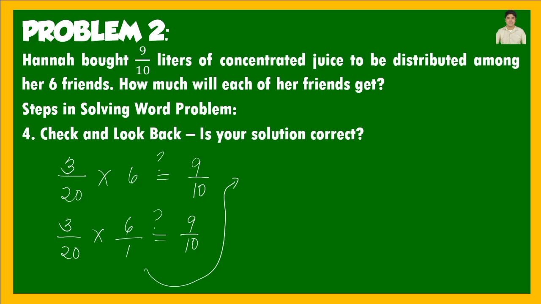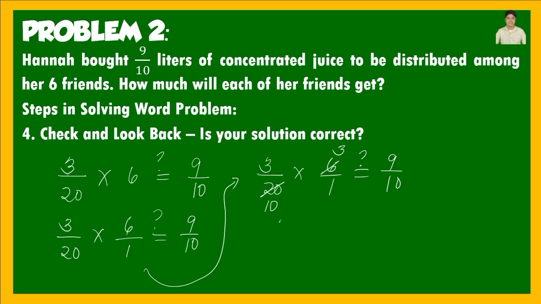Next, pwede po tayong mag-cancel kung may common factors. In this case, pwede po nating i-cancel out yung 6 and 20 because their GCF is 2. So, 6 divided by 2, this will become 3. And then 20 divided by 2, this will become 10.